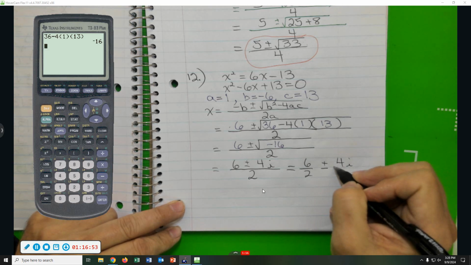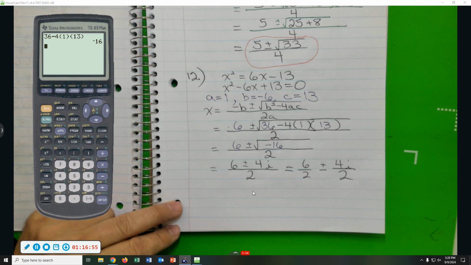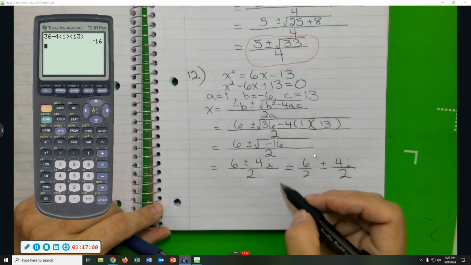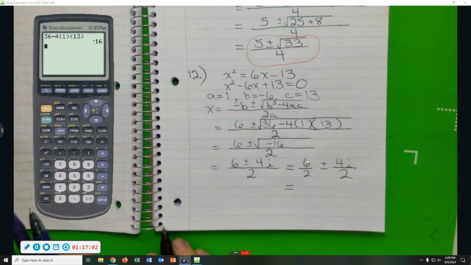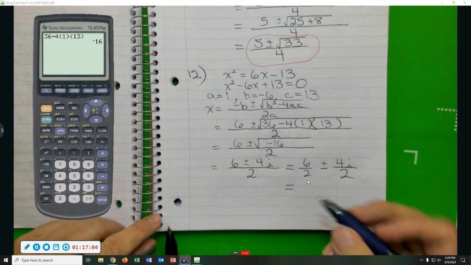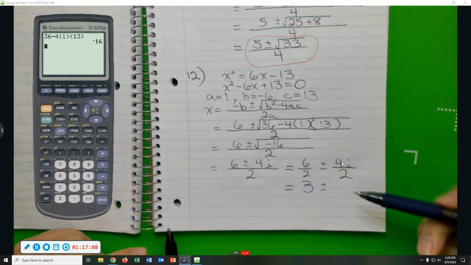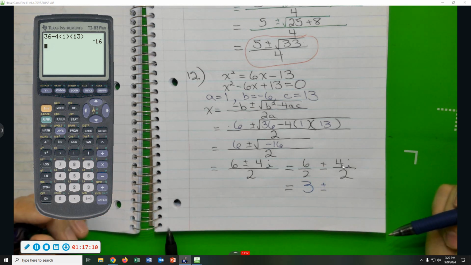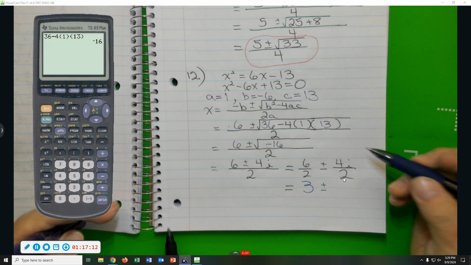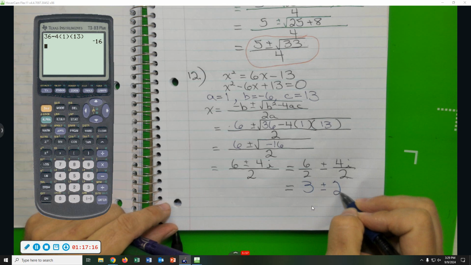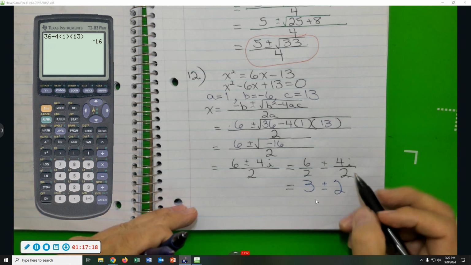Look how nicely this reduces. 6 divided by 2 is 3, plus or minus 4 divided by 2 is 2, and don't forget the i.